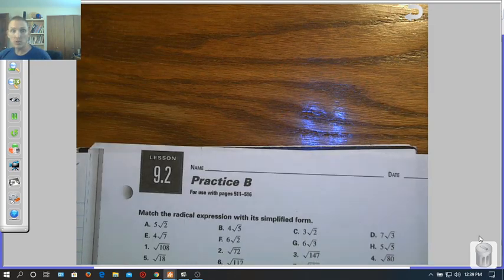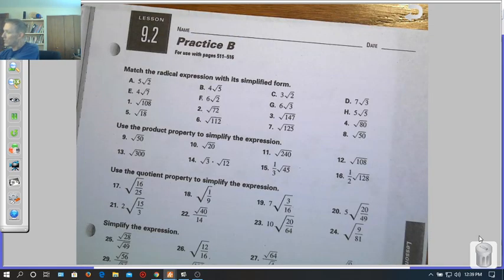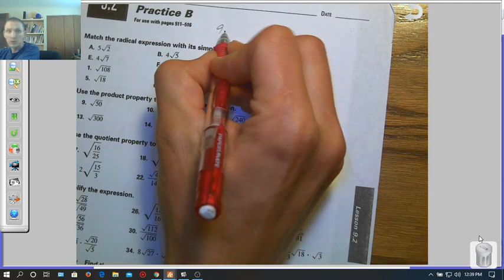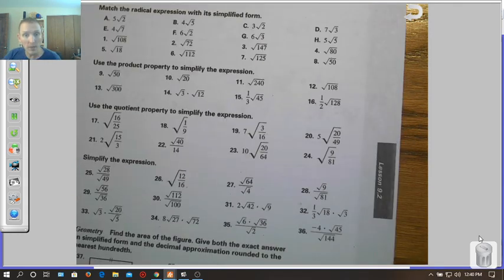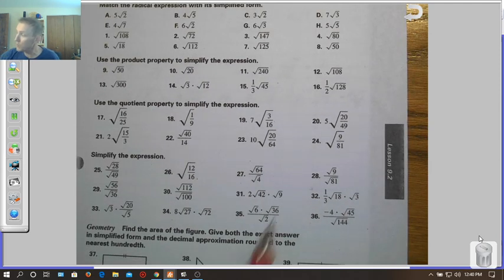And for 9.2b, I want you guys to do 9 to 36. Now the one thing I will tell you about this is that when you get down to these problems here at the end, these problems are going to be a lot more complex and more difficult. I anticipate you having some questions on that. When you get those questions, feel free to send them to me, and I will try and send you a response to it.